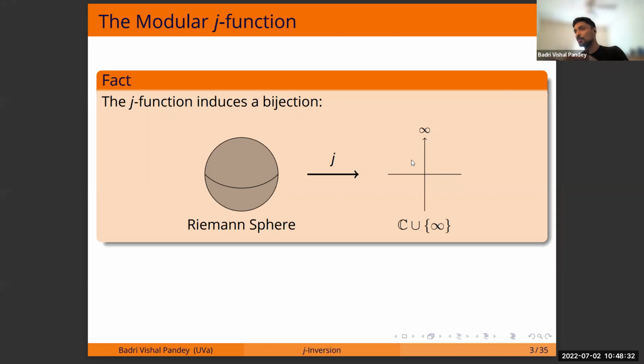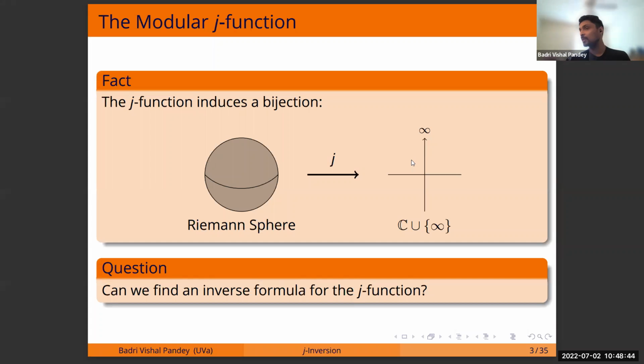The question that I want to raise here is the following. Since this is a bijection, we are interested in inverse formulas for the J function. And the answer to this question is far from being proven.